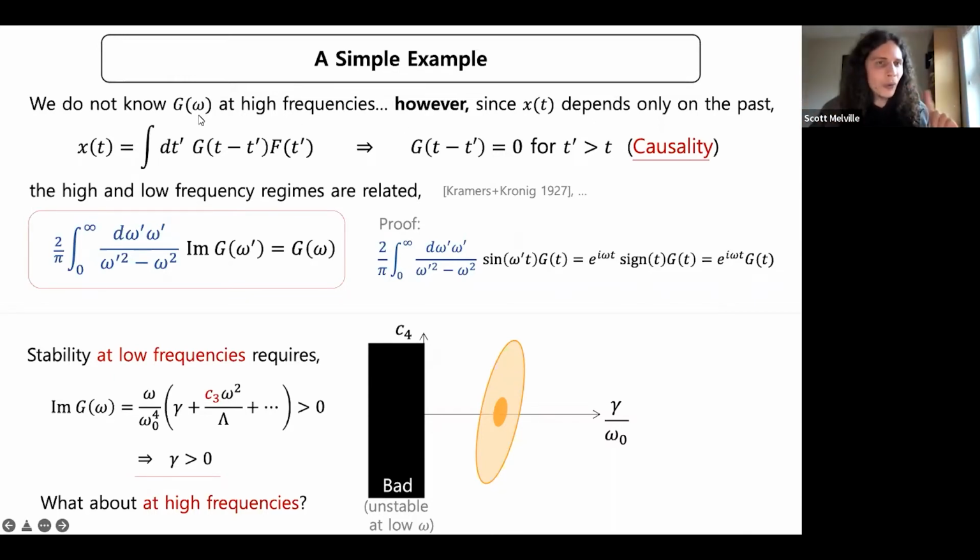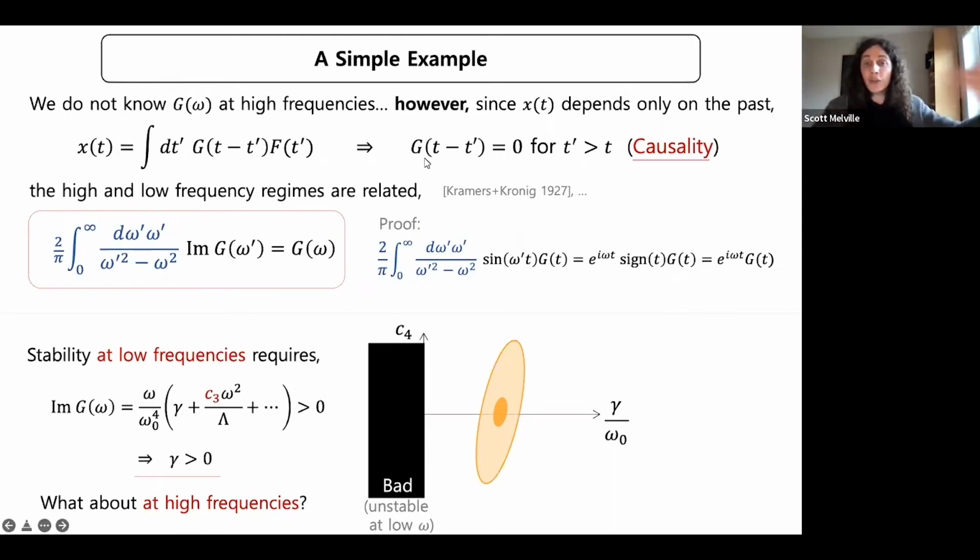You might not know what this function G is at very high frequencies, but there is something that you do know, and that's that the position of this oscillator, the way it's moving, should only depend on things that have happened in the past, right? What that means is this integral that you do over t prime shouldn't know about the force in the future. It should only know about the force in the past.